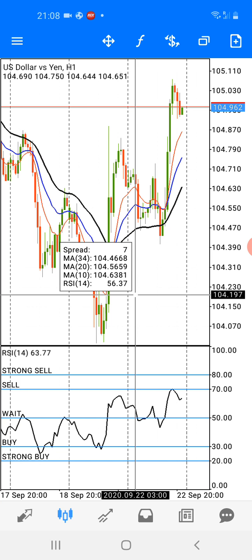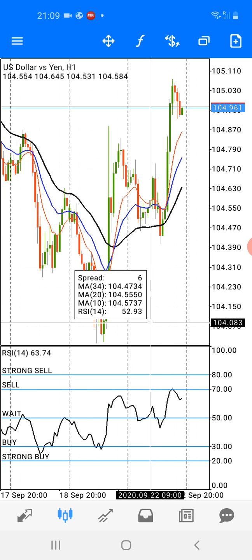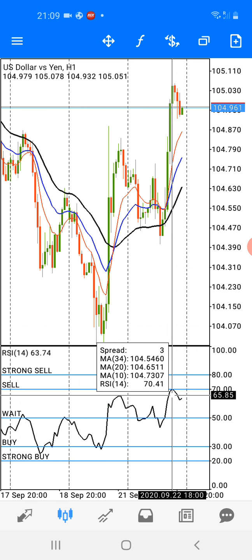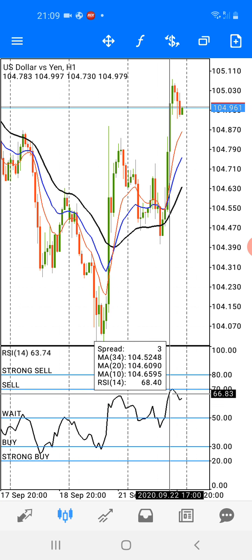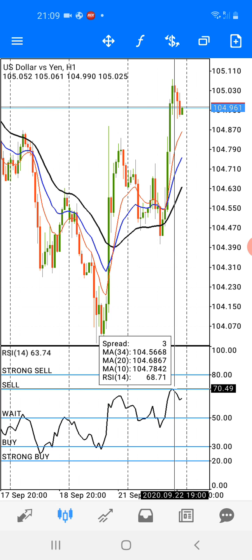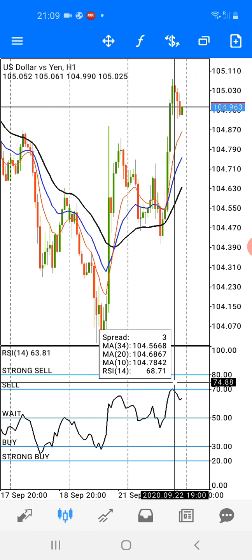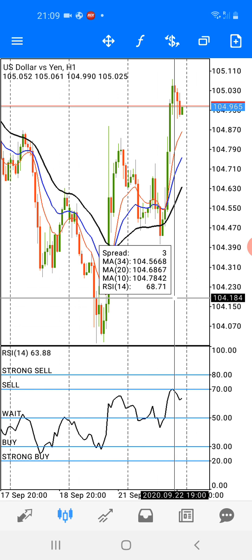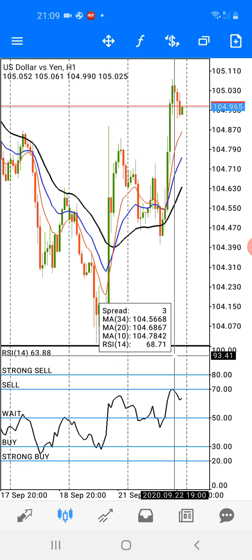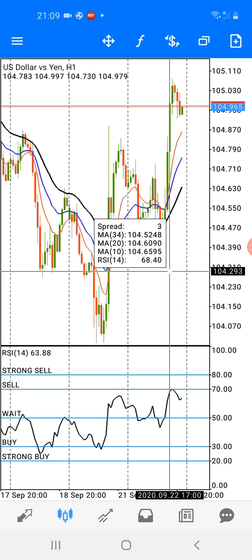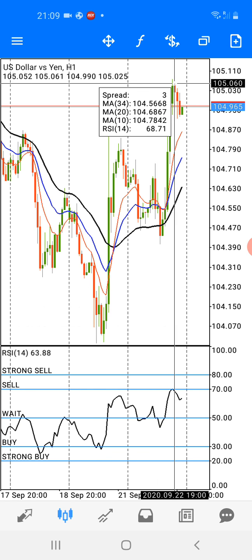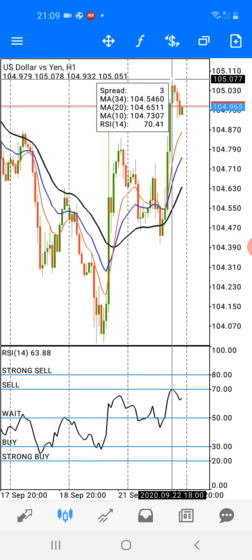Just like my advice in the previous video, when the relative strength index touches the level 70, which indicates a sell, you have to opt out of the market, except if you're a long time trader, you can choose to wait. But myself, once it touches or crosses above, and of course develops a high of the day, I opt out.